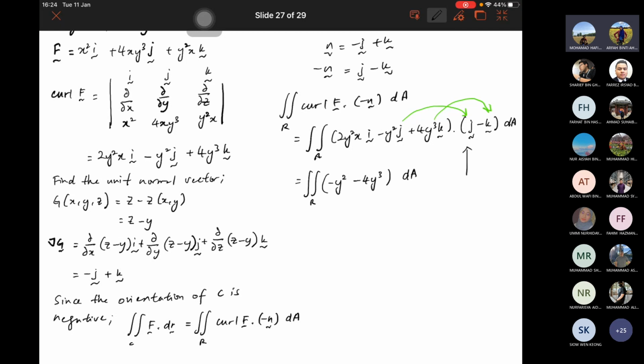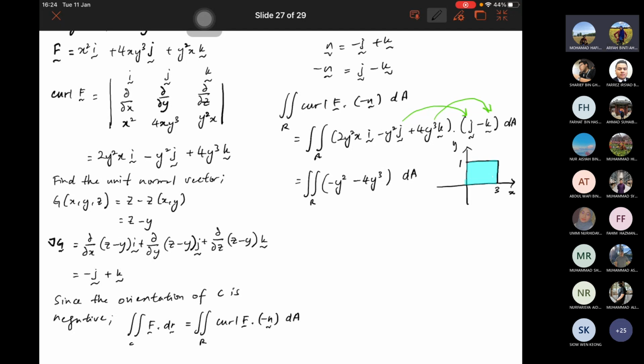Sebab kalau awak tengok region dia yang saya colourkan biru tu, dia ada x and then dia ada y. Okay, yang saya colourkan biru, the region, you are going to have this one. Okay. 3 dan juga 1.